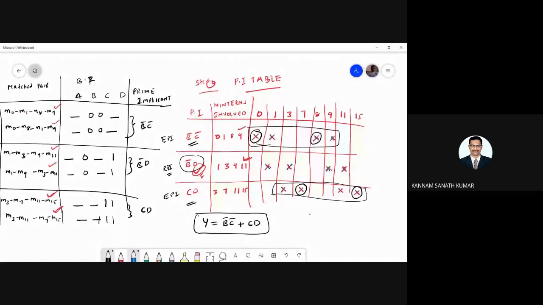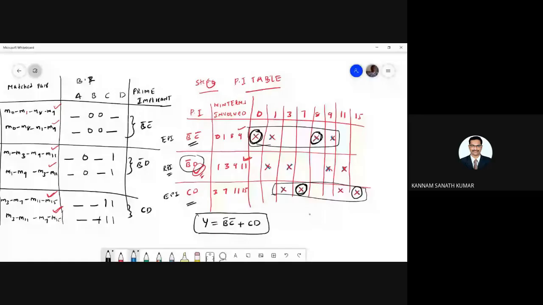Here only one cross mark is involved in this column, in the third column 2 cross marks are there, in the fourth column only one cross mark. You have to circle this cross mark. Sixth 2 cross marks, seventh 2 cross marks, eighth you have only one cross mark.